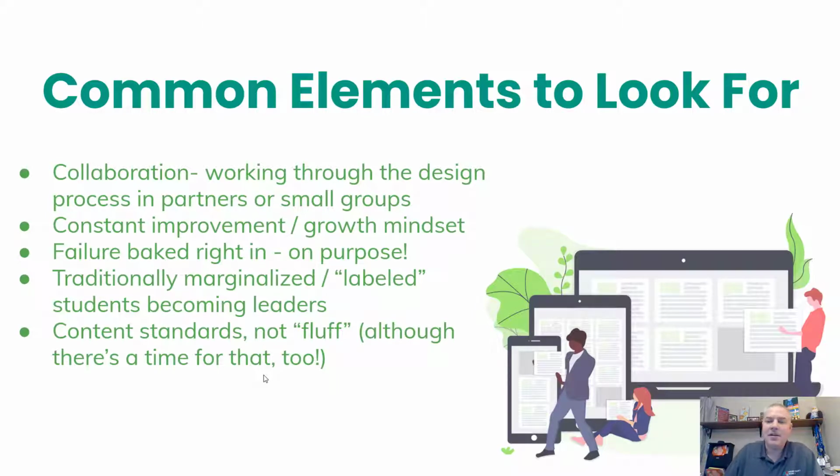One thing that you can look for in your classrooms, that we see a lot in our classrooms and love as an outcome, is that a lot of our traditionally marginalized or labeled students really become leaders in this process. The traditional method of schooling that we've been dealing with for the last 10-15 years, of standardized tests and students getting the right answers, a heavy focus on math and ELA skills, those skills don't necessarily translate to engineering and design and building.